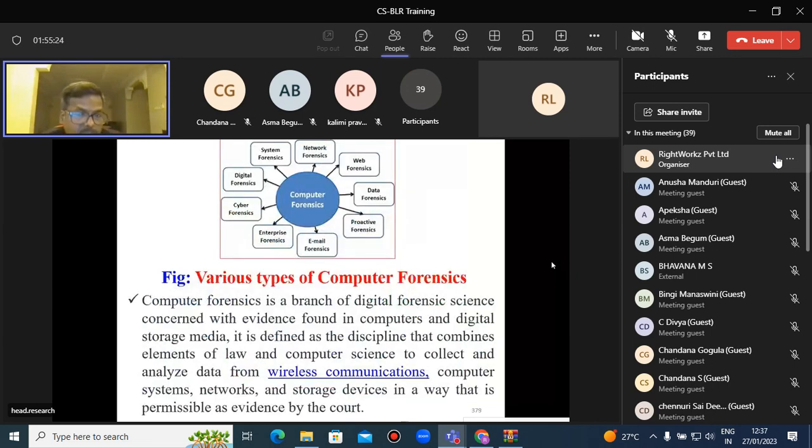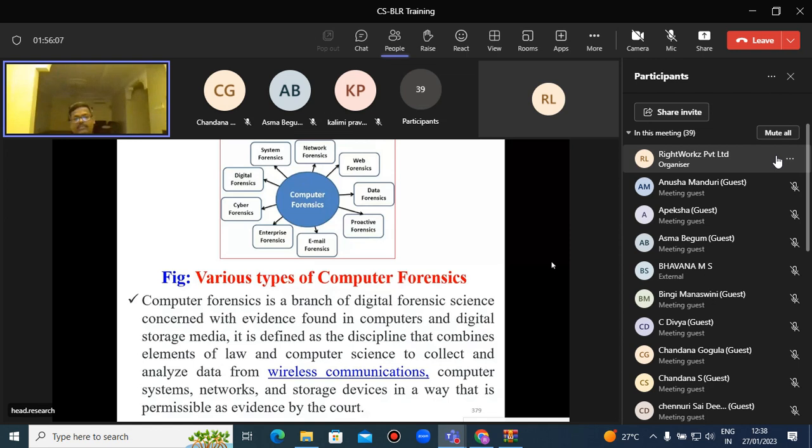See various types of computer forensics: network forensics, web forensics, data forensics, proactive forensics, email forensics, expertise forensics, cyber forensics, digital forensics and system forensics. Computer forensics is a branch of digital forensic science concerned with digital storage media.